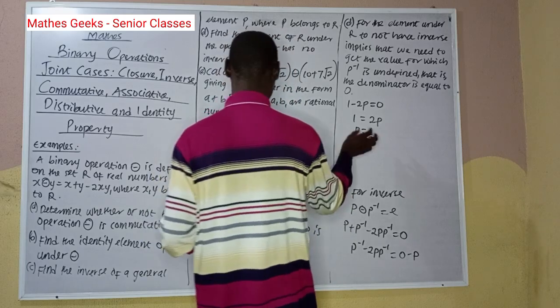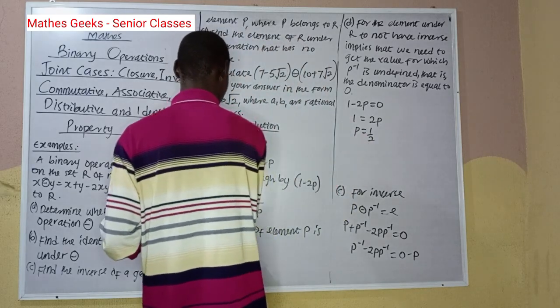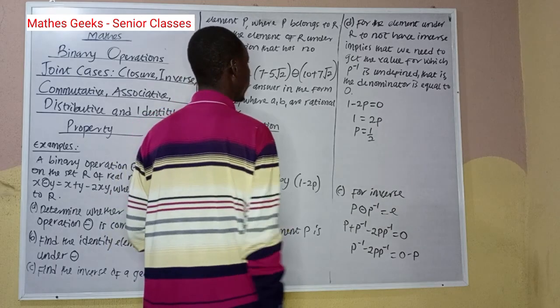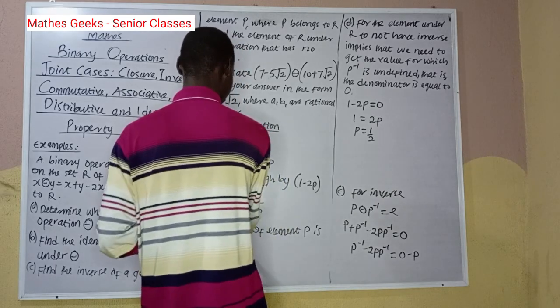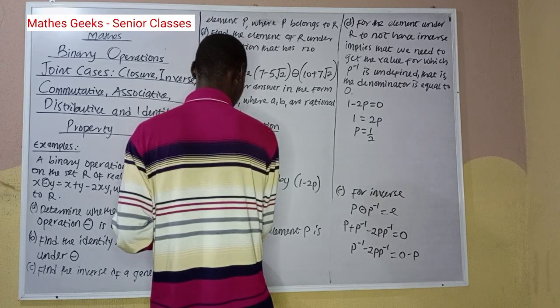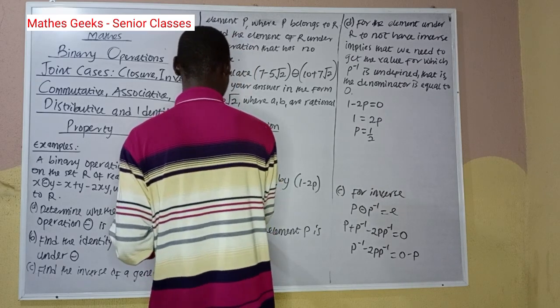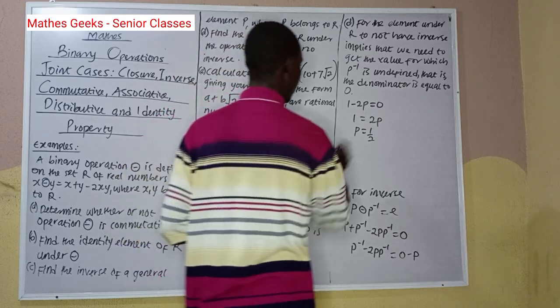So P must have this value for P not to have an inverse, because once P is 1 over 2, the denominator is 0, and −P over 0 is undefined, so there will be no inverse here. So here's your answer.